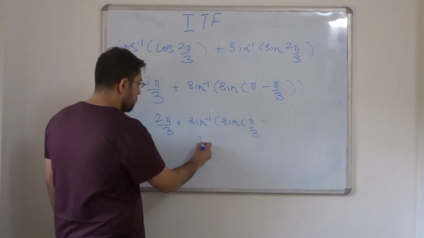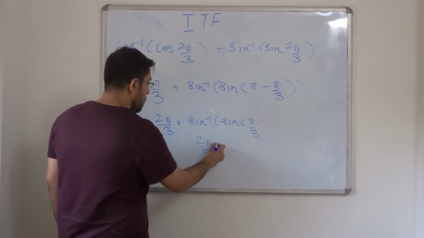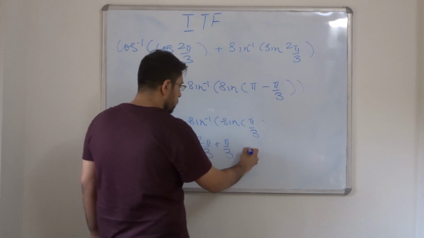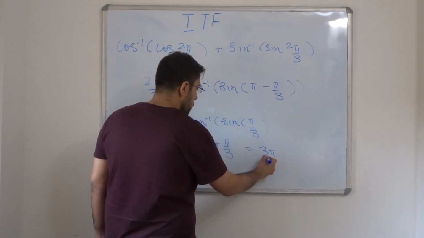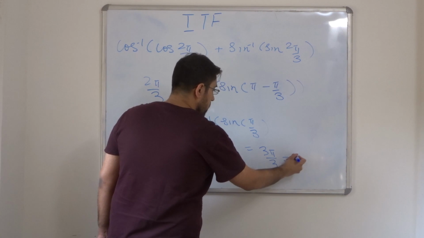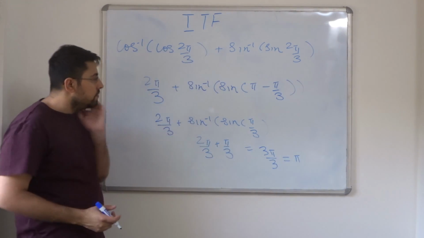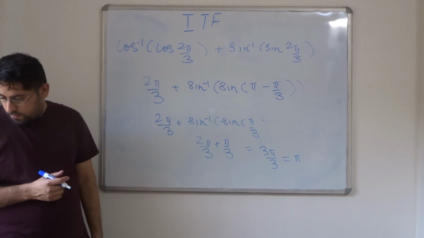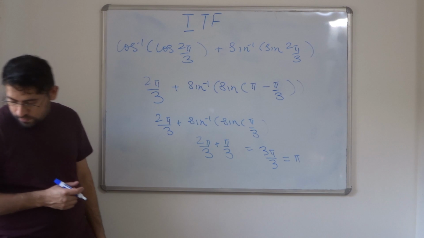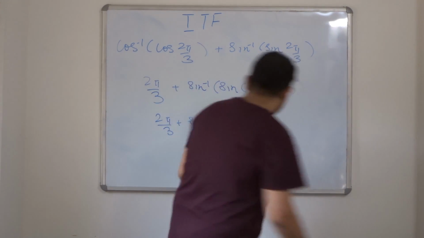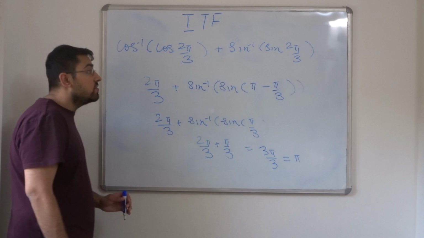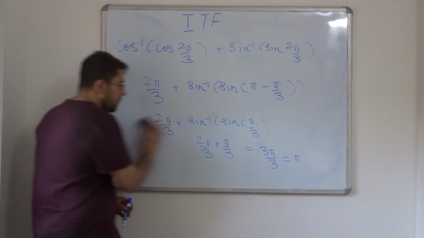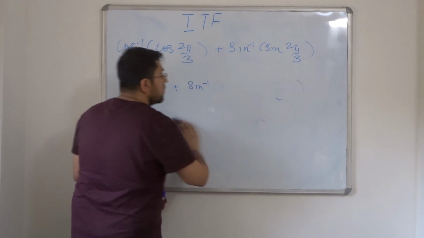Okay, so then this becomes 2 pi by 3 plus pi by 3, and then this equals 3 pi by 3. And then your answer becomes pi. So this is your answer. Now I hope you've taken this down. Now let's do another one.